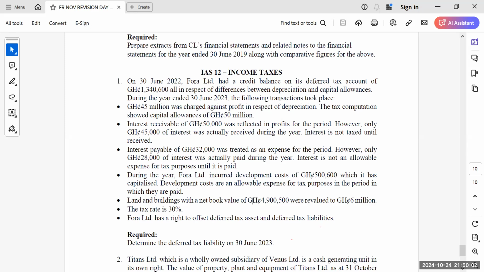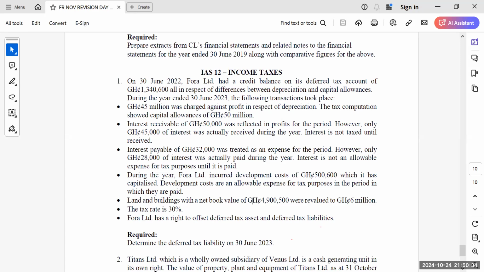Two, interest receivable of 50,000 Ghana cedis was reflected in profits for the period. However, only 45,000 of interest was actually received during the year. Interest is not taxed until received. Three, interest payable of 32,000 cedis was treated as an expense for the period. However, only 28,000 of interest was actually paid during the year. Interest is not an allowable expense for tax purposes until it is paid.